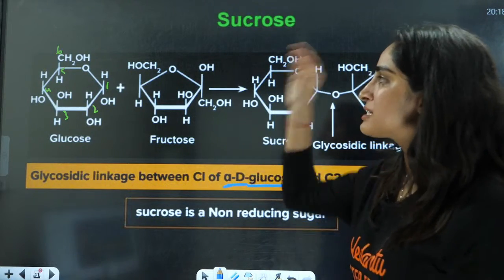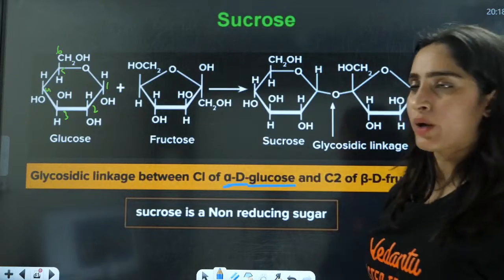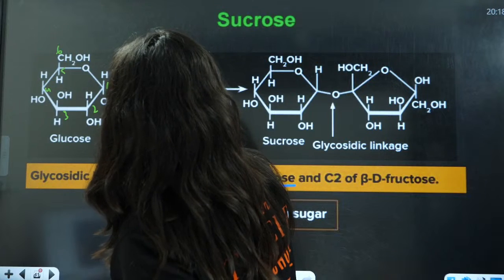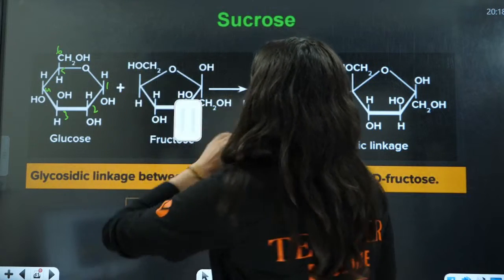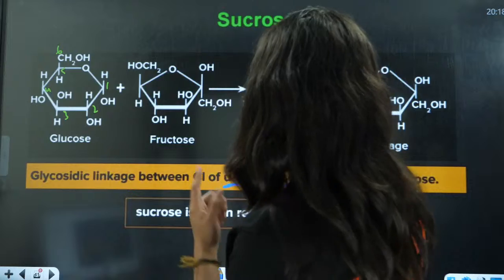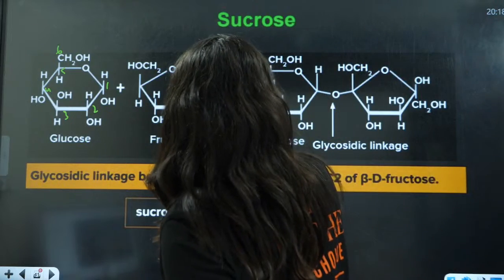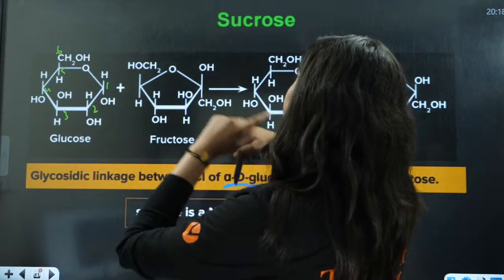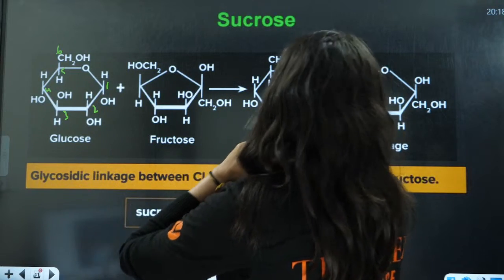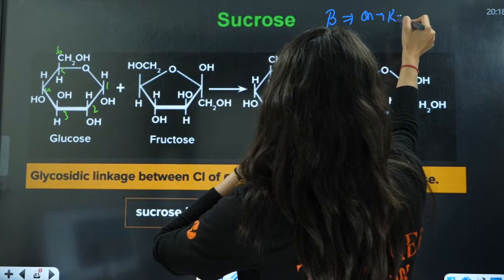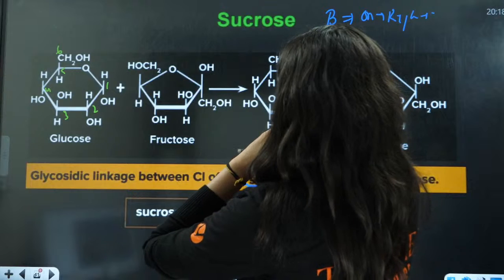If we talk about the C2 here, just invert this. This is going to be 1 and this is going to be 2. They are talking about beta, so this is going to be opposite here.